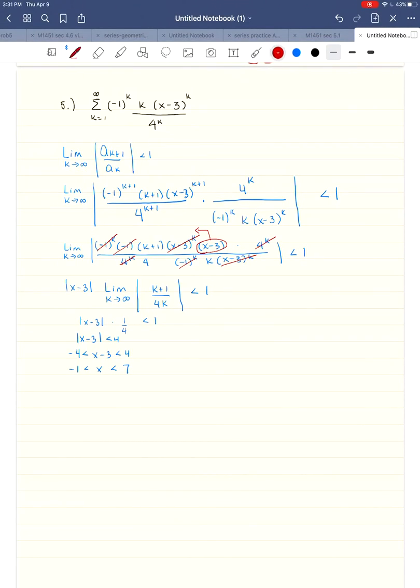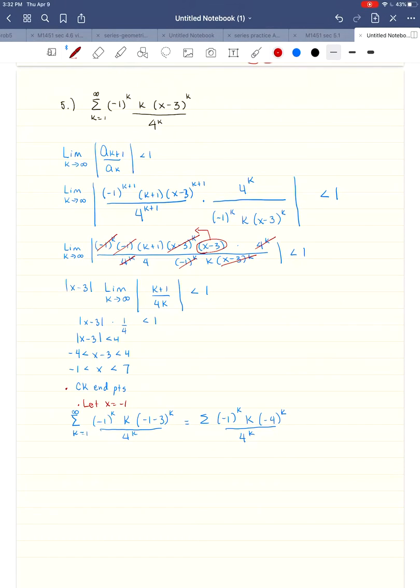Now we're ready to check the endpoints. So let's let x equal -1 back in the original series. And our series is going to look like the sum from k equals 1 to infinity, (-1)^k, k, x now is -1, like that. So that's (-1)^k, k, (-4)^k, and 4^k.